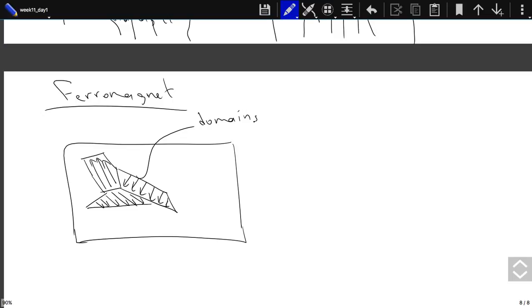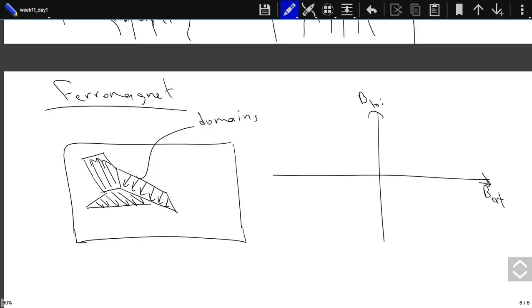If you align these domains, for example, by applying an external magnetic field, let's say this is the external magnetic field.